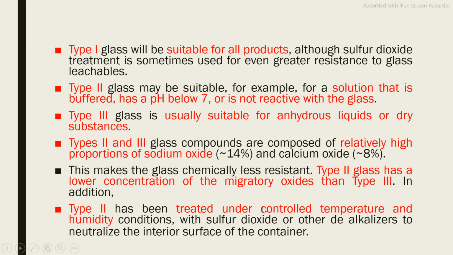Type 2 glass is treated under controlled temperature and humidity conditions with the sulfur dioxide. So it is internally coated with the sulfur dioxide and other dealkalizers, so that the alkali will not enter into your preparation. And in this case your internal surface will be completely neutralized.